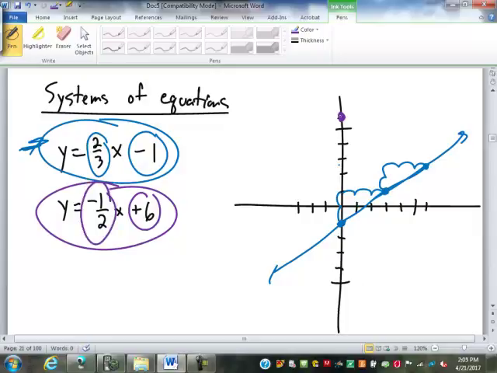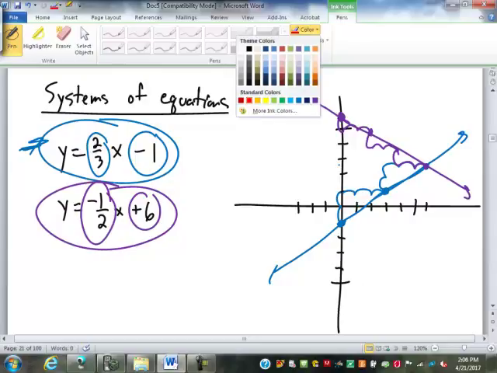A slope of -1/2 means we go down 1 for our rise, and then over 2. Now I'll do that again, down 1, over 2. As long as we're careful with our graphing, we can get to the point where those lines cross.